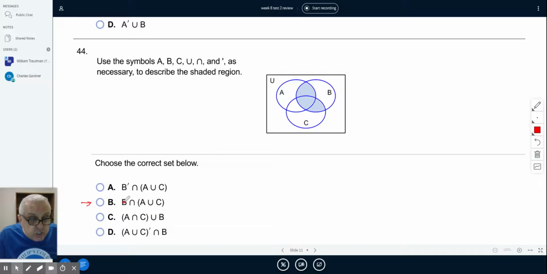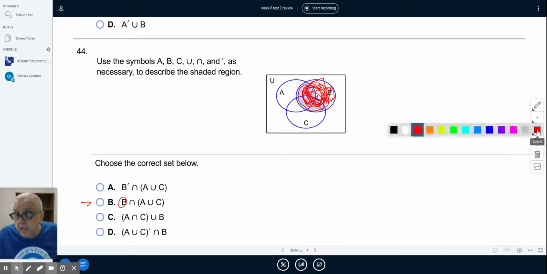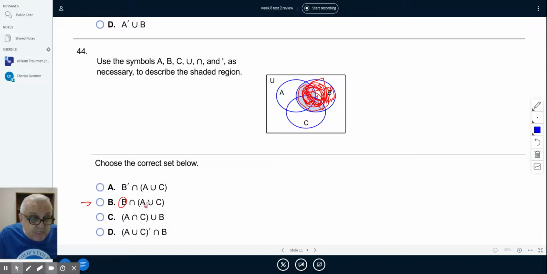So first we're going to shade in red everything that's in B. So this is all of B. That's all of B. Now we're going to do in blue, I'm purple, I'm going to do everything that's in A union C. Everything that's in A and everything that's in C.